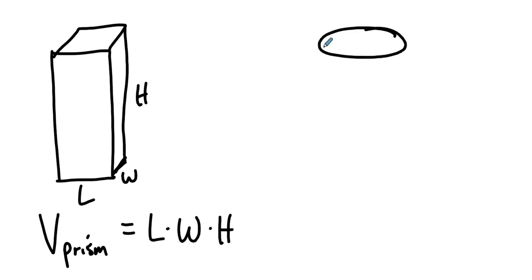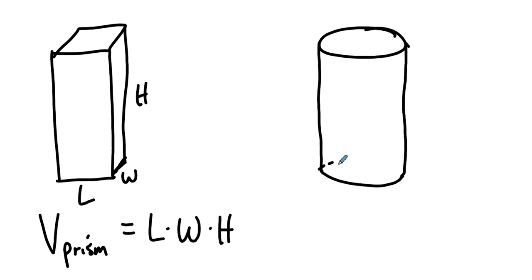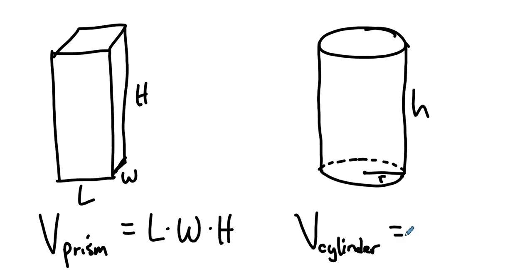So the obvious next question is, what is the volume of a right circular cylinder? Where we know what's going on with the circle, and we know that there's some height. Well, this isn't too bad. What's this length times width anyway?